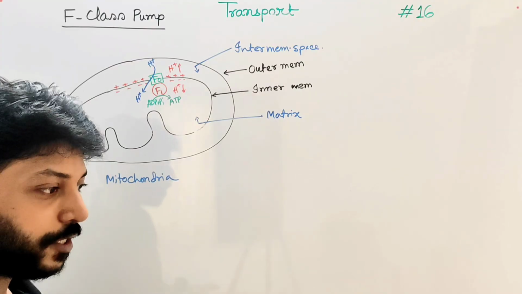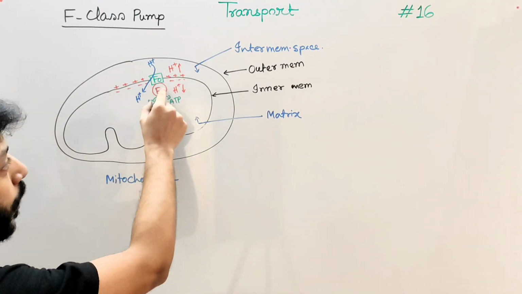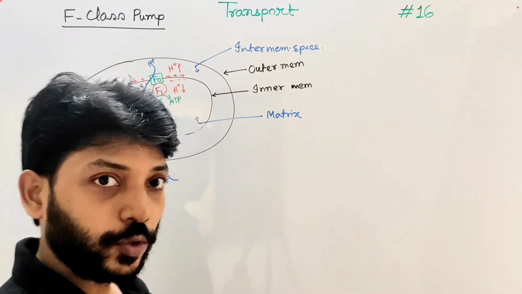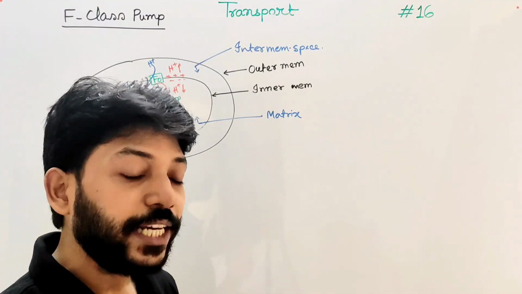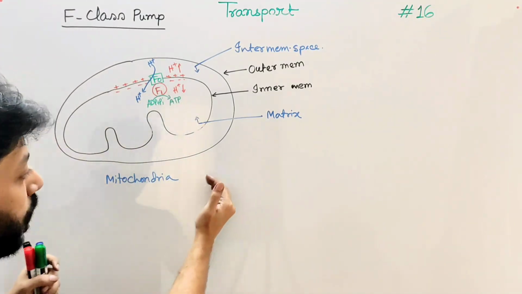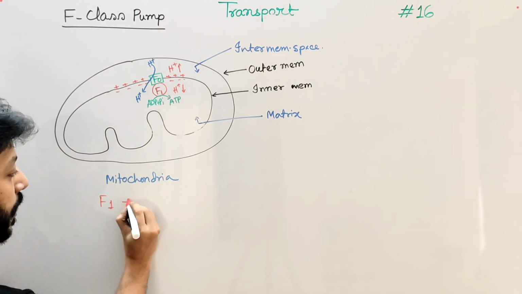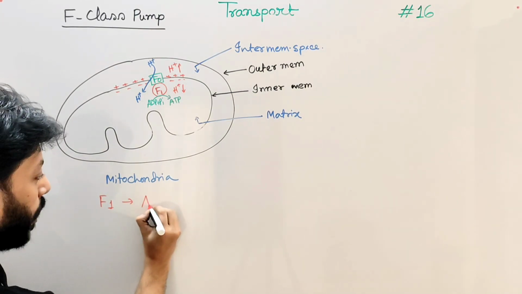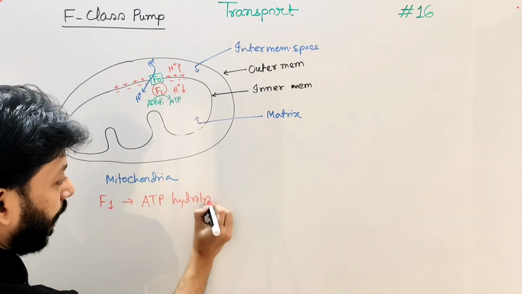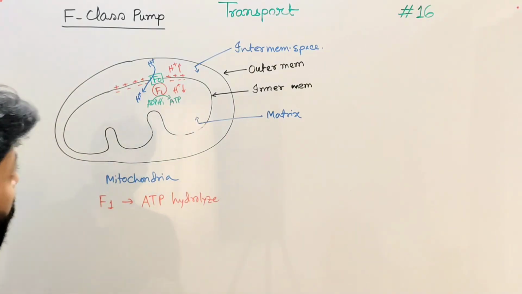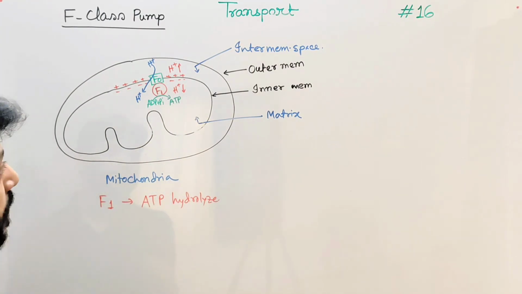And after a few years, another scientist, Ephraim Racker of Cornell University, isolated the F1 subcomplex of the F class pump, and he observed that if we isolate F1 artificially, then this F1 can break down or hydrolyze ATP. But when it is attached with the FO, it generates ATP. So this is the fact he discovered.